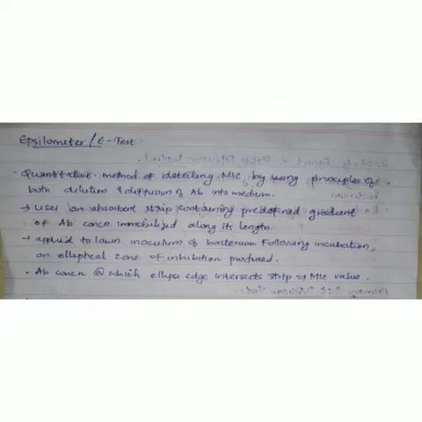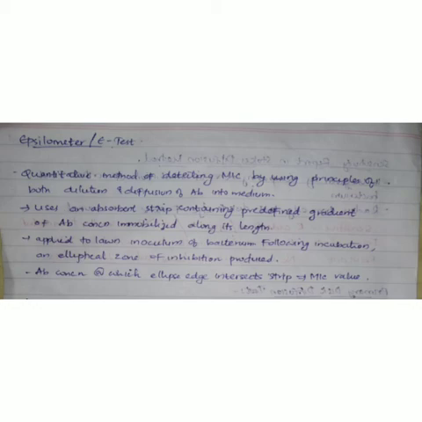Next classification is the Epsilometer or E-test. This is a quantitative method of detecting MIC by using the principles of both dilution and diffusion of antibiotic into the medium. It uses an absorbent strip containing a predefined gradient of antibiotic concentration immobilized along its length. The next page will show the figure of the Epsilometer, and we can see the gradient very clearly.